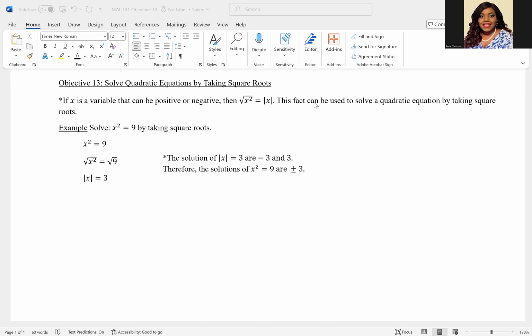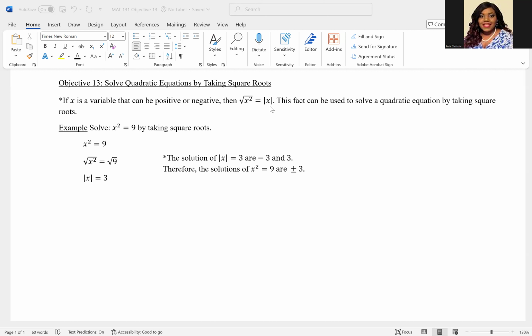So the first thing we need to know: if x is a variable that can be positive or negative, then the square root of x squared equals the absolute value of x, okay?